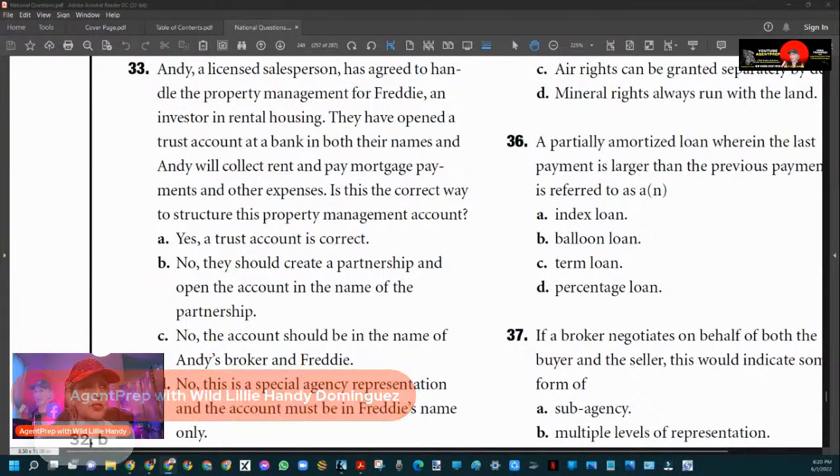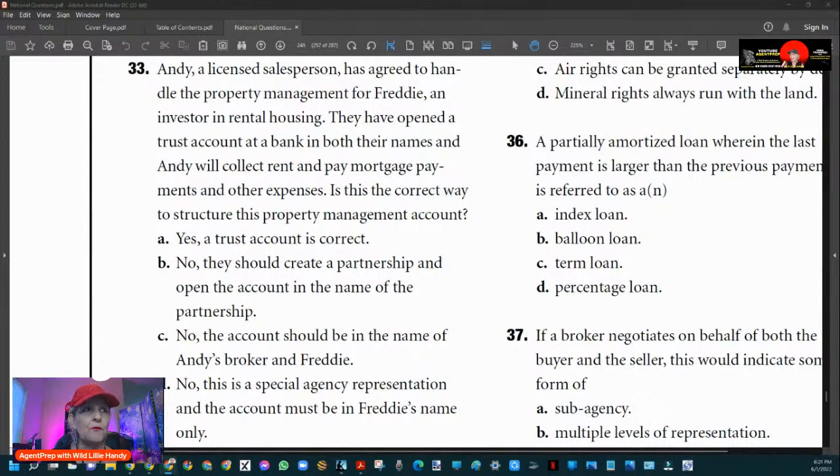Andy, a licensed salesperson, has agreed to handle the property management for Freddie, an investor in rental housing. They have opened a trust account at a bank in both their names, and Andy will collect rent and pay mortgage payments and other expenses.